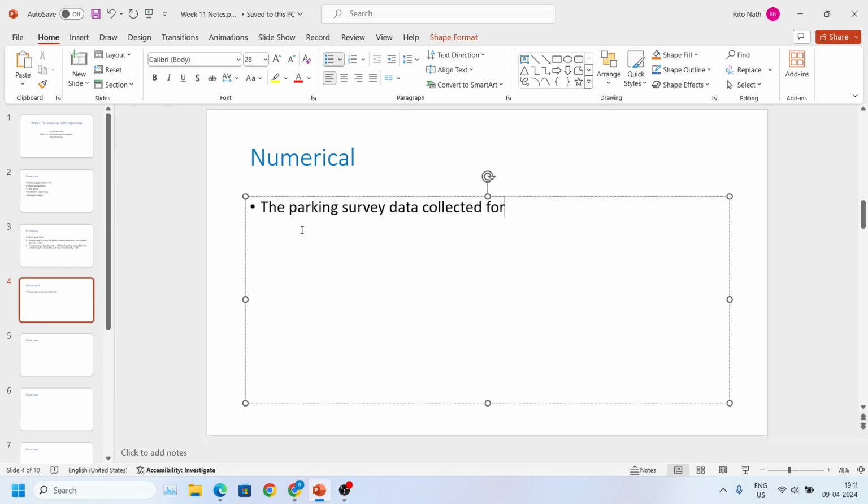Now, the parking survey data collected from a parking area for an hour, at 15-minute intervals, by the license plate method, is shown in the table below.